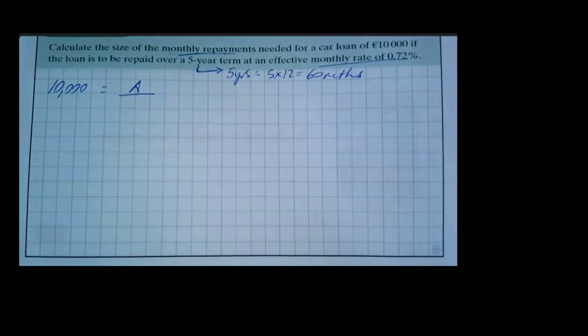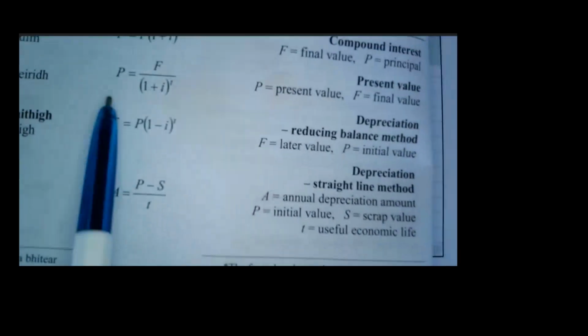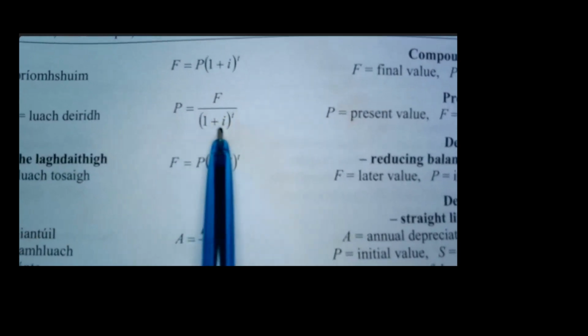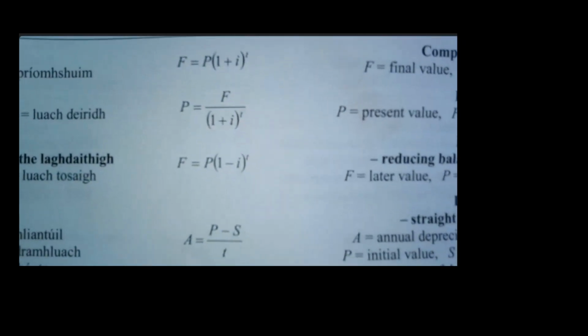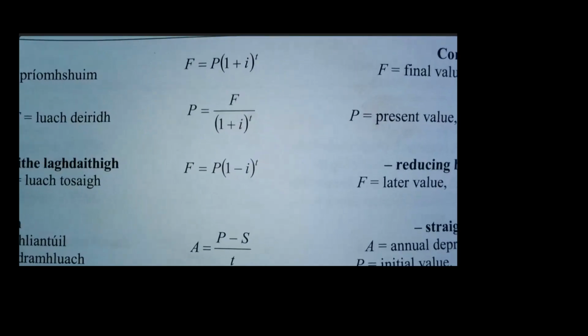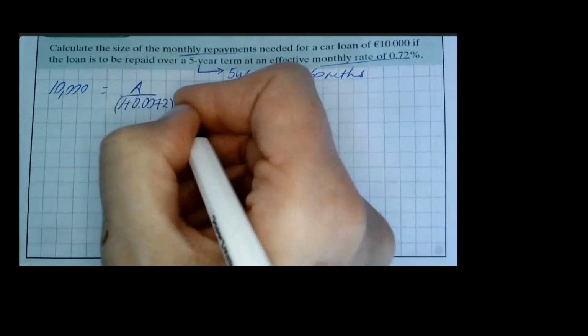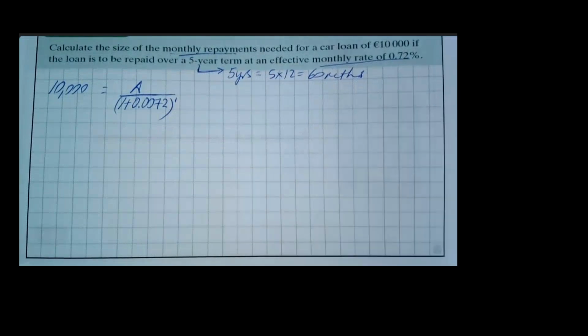So using obviously your present value formula, okay, so the present value is equal to future value divided by 1 plus I to the power of t. Of course, I is in decimal form. So it is 1 plus 0.72 divided by 100, 0.0072 to the power of 1. That last payment is only in for 1 month. So the present value of that is this.